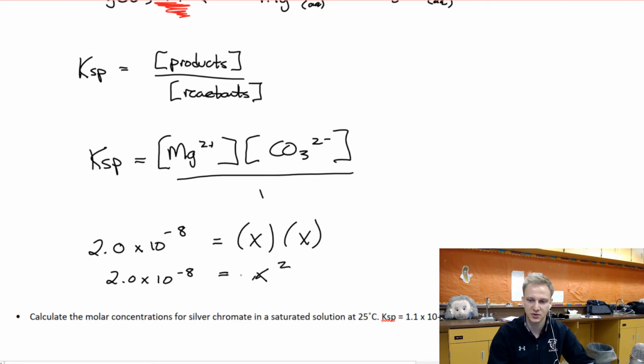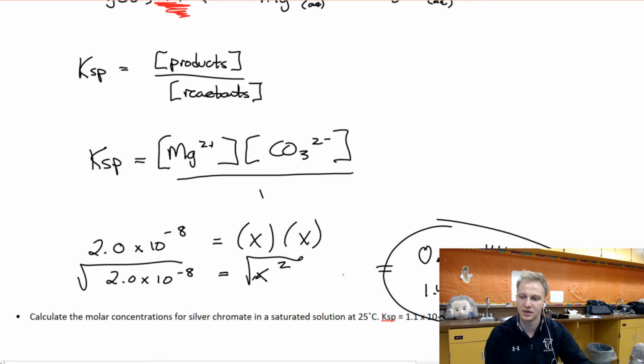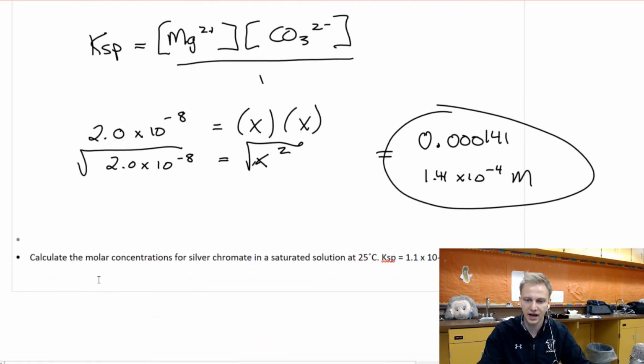Now we can take the square root of both sides, and that will give us the final solution for x. Taking the square root of 2 times 10 to the negative 8, we get x equal to 0.000141, or 1.41 times 10 to the power of negative 4, and that will be a molarity because we're dealing with a concentration. That is how you can use KSP to calculate different values.